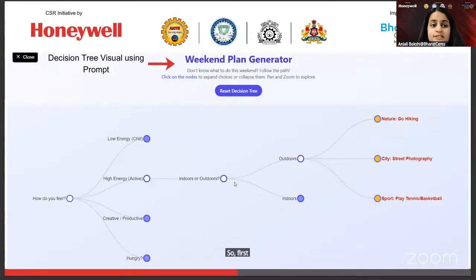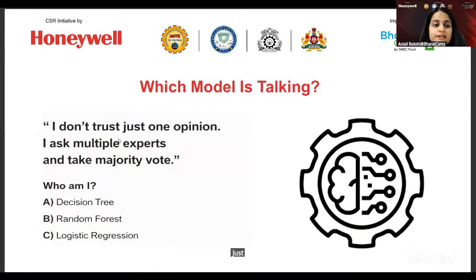The first question is, which model is talking? I don't trust just one opinion. I ask multiple experts and take the majority. Who am I? Decision tree, random forest, or logistic regression? Random forest, in seconds. Great.